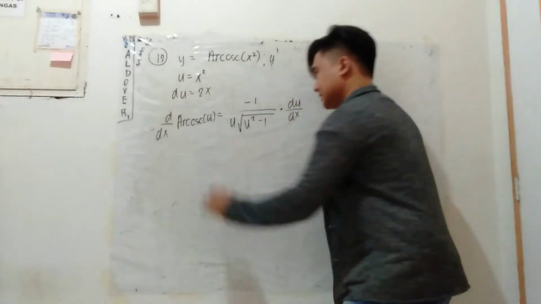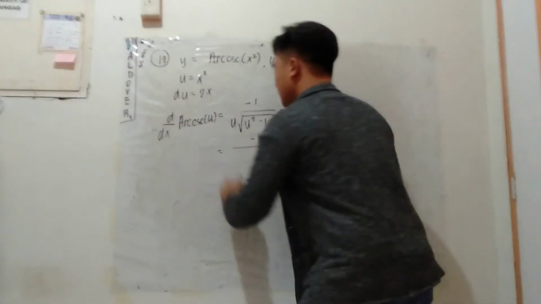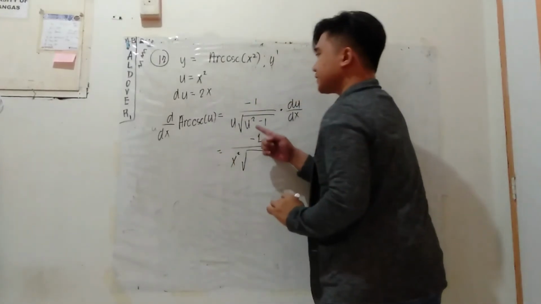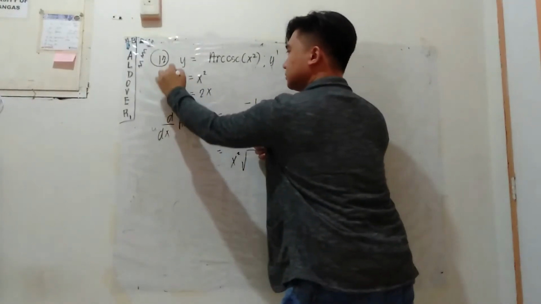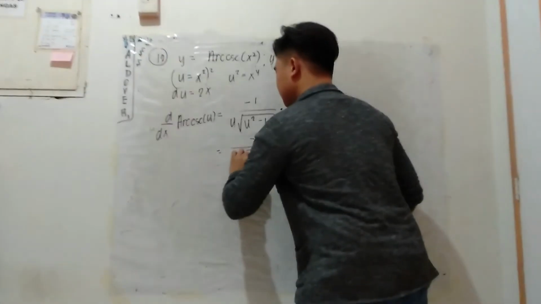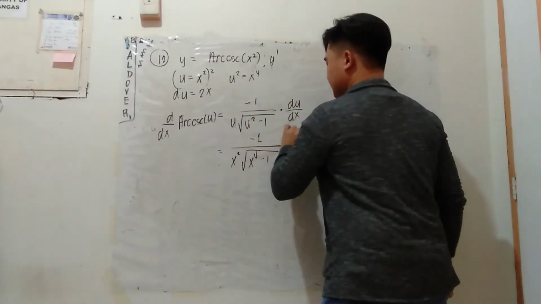Okay? So, negative 1 all over u, which is x squared, square root of u squared. So, square it again. u squared is equal to x raised to 4 minus 1. du dx is 2x.